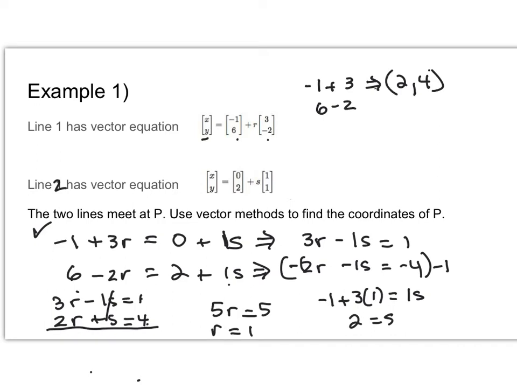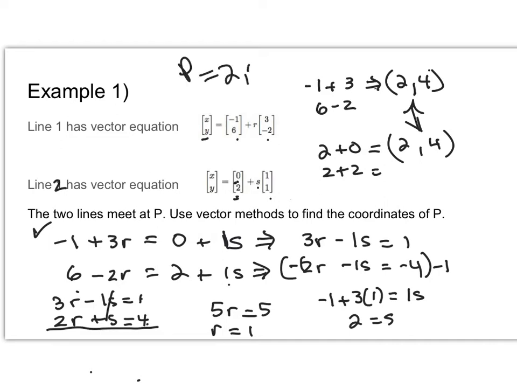That's the point. Okay, if s is 2, then from this equation, x would be 0 plus 2 times 1, which would be 2. And then down here I'd have 2 plus 2 times 1, which is 4. So my point for this line would also be 2, 4. So point P equals 2, 4. And that's where those two lines intersect. Not necessarily collide, but intersect.